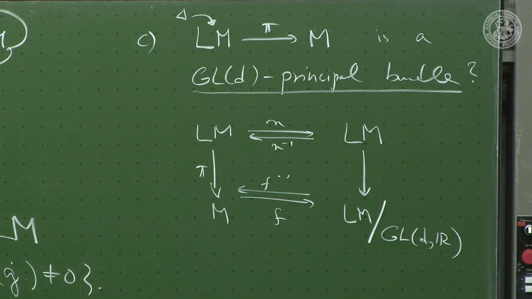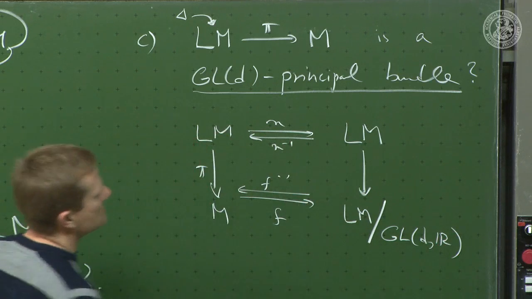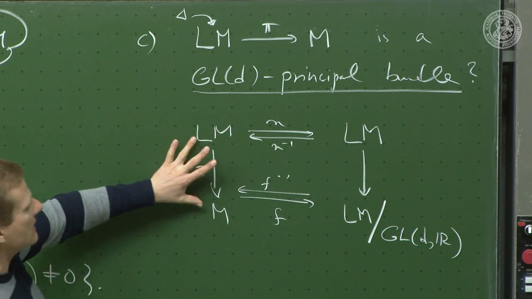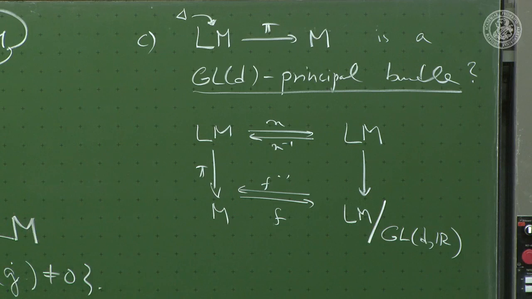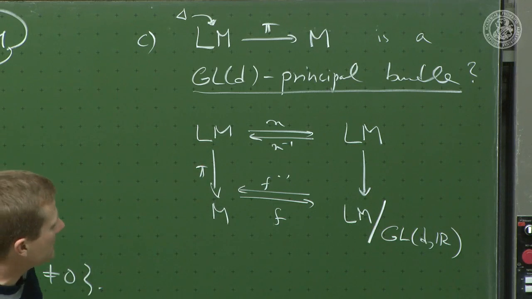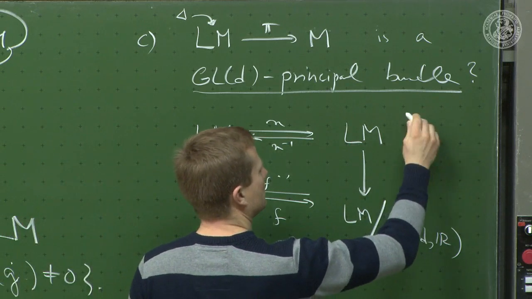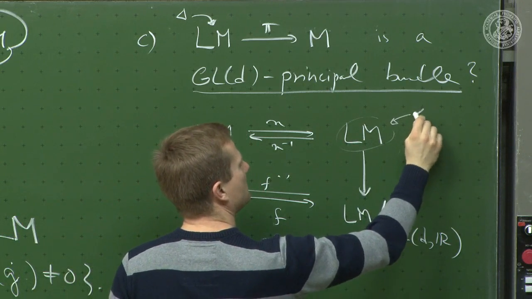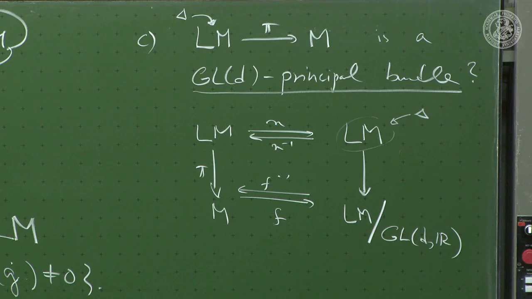And if there is such an isomorphism UF between these two bundles, then you call this guy a principal G bundle. And of course, in order to check this, the action must be defined on this Lm.